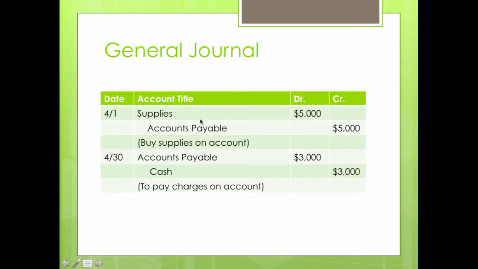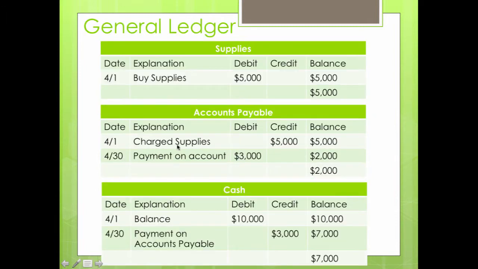Now you go for accounts payable. And you go back here. And you see that accounts payable is actually affecting two transactions. One here, which is a credit for $5,000. And another one here, which is a debit for $3,000. And they're on two separate dates, April 1st and April 30th. You're going to take those two transactions and record them under the accounts payable area.